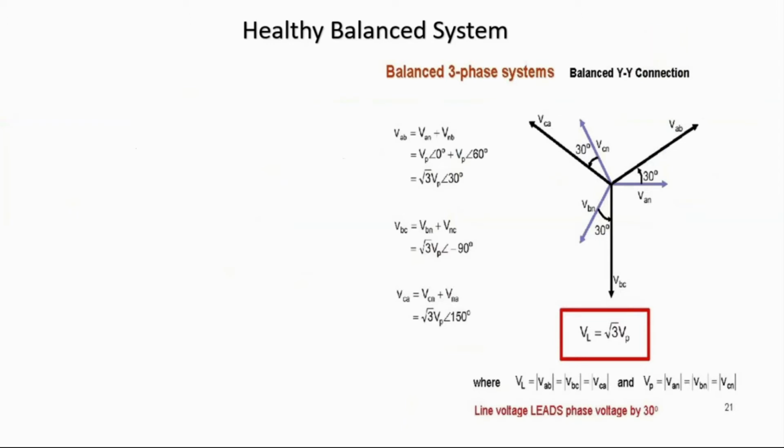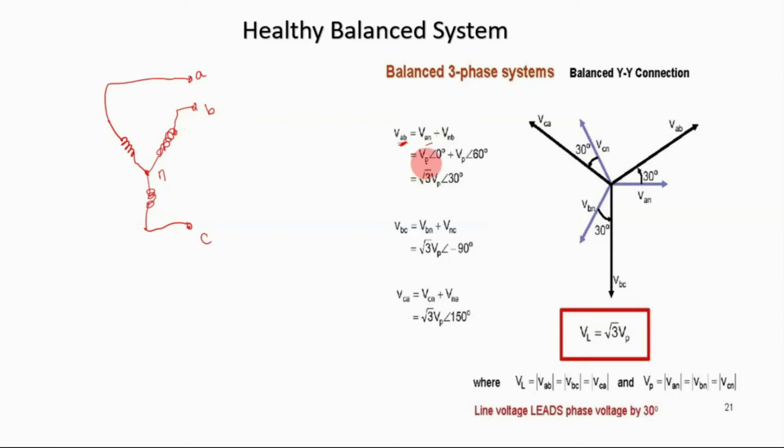Now for the line voltages. Let's again draw a star-connected system. Again, this is your A, this is your B, and this is your C. This is your N. To have VAB, see here that the VAB voltage is composed, by Kirchhoff's voltage law, of VAN plus VNB.